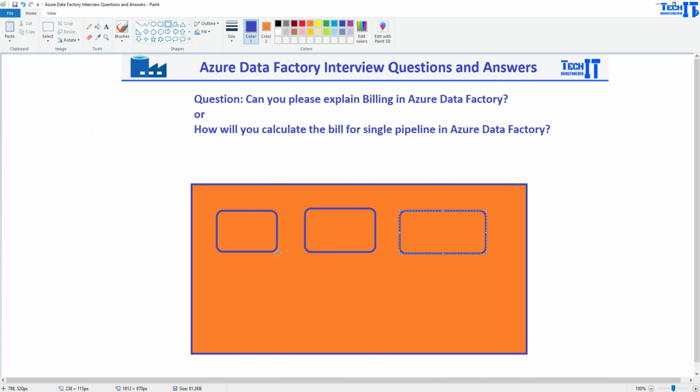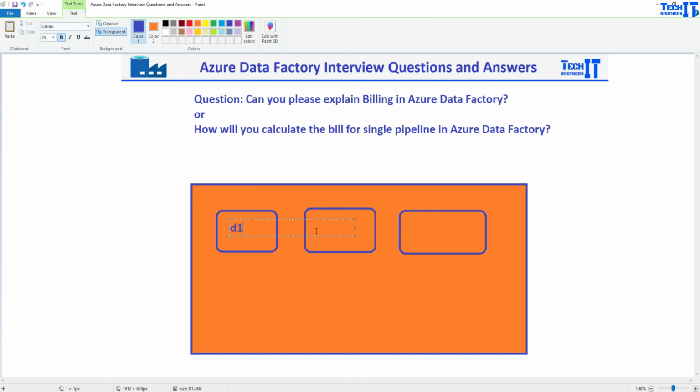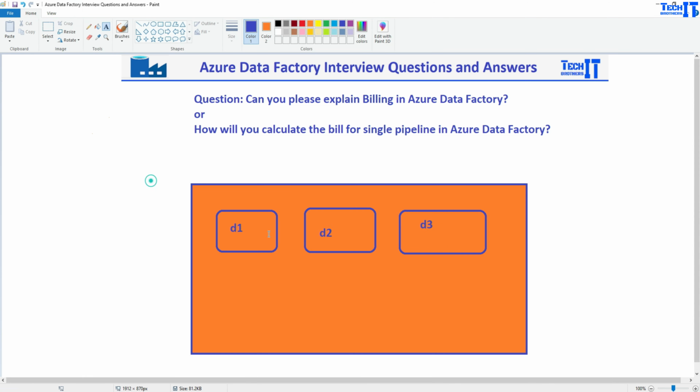But in Data Factory, there is no way to do that. For each data flow, you have to have a separate Spark cluster. If you finish one, you can use the same cluster for the second one and for the third one, but you are not running 3 data flows in parallel on one single Spark cluster. That's a problem, and that's also costly.